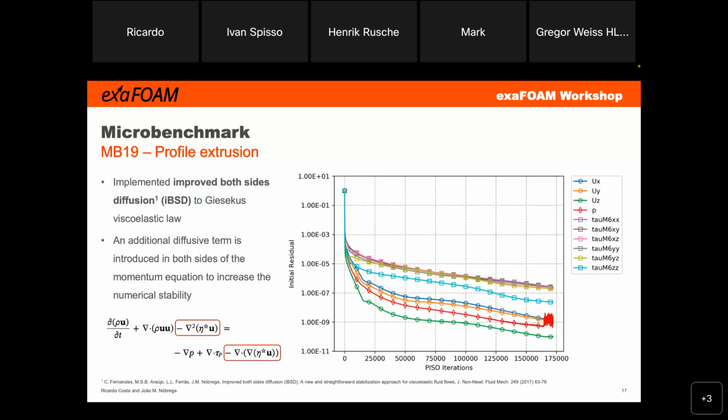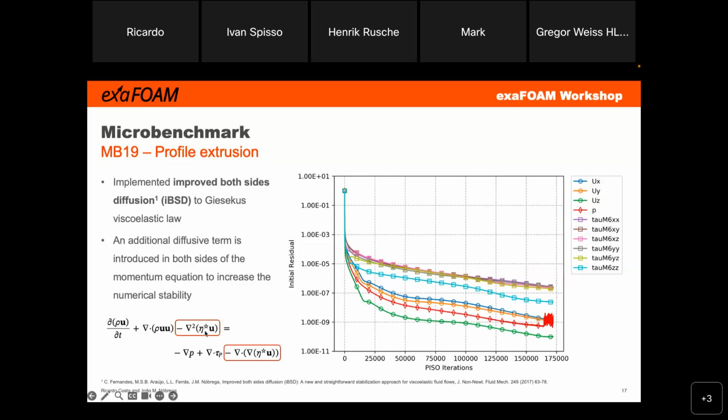And one of the techniques already implemented for the UCM, the upper convected Maxwell model, is this improved both sides diffusion. This technique mainly consists in adding a diffusive term on both sides of the momentum equation.